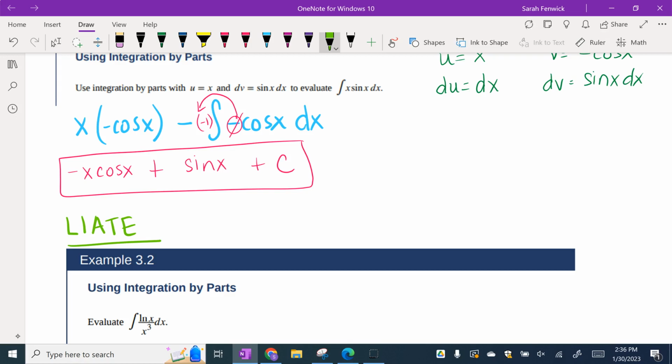But instead of just taking wild guesses on what you should do, LIATE represents logarithmic functions, inverse trig, algebraic functions, trig functions, and exponential functions. And this serves as an aid in determining what should be your u. Now, does it always work? Not necessarily. However, it is at least a jumping off point to figure out what's going on.